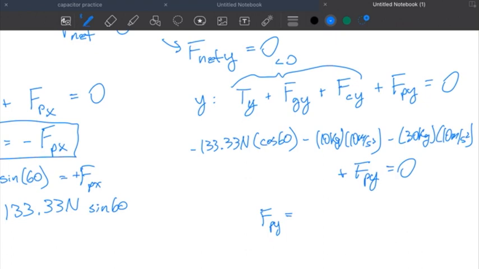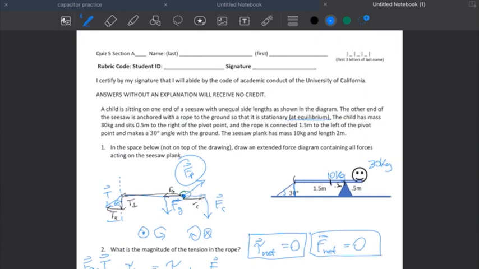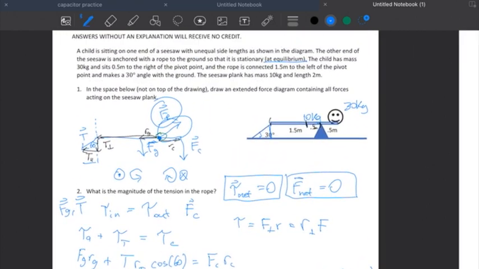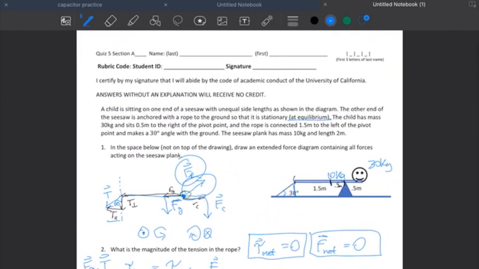But the magnitude of FPY is going to be positive and equal to the magnitude, again, of the sum of the other three forces in the y direction, so that the total force cancels out to equal 0, and we'll find that the pivot force has a positive x and a positive y component, just like we found with this arrow that points up and to the right. If we wanted to, we could find the magnitude and the direction using the Pythagorean theorem and inverse tangent, but I will leave that as an exercise for you if you would like.